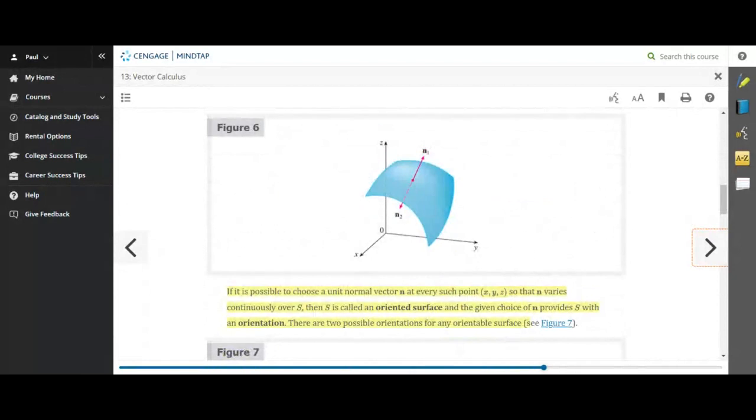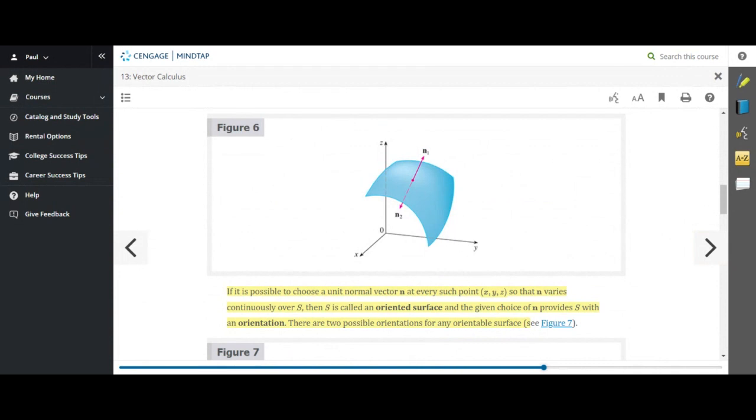Okay, so now what we want to do is show how surface integrals are important to find what are called flux rates. Flux is the rate, in terms of mass per second, that a liquid flows.